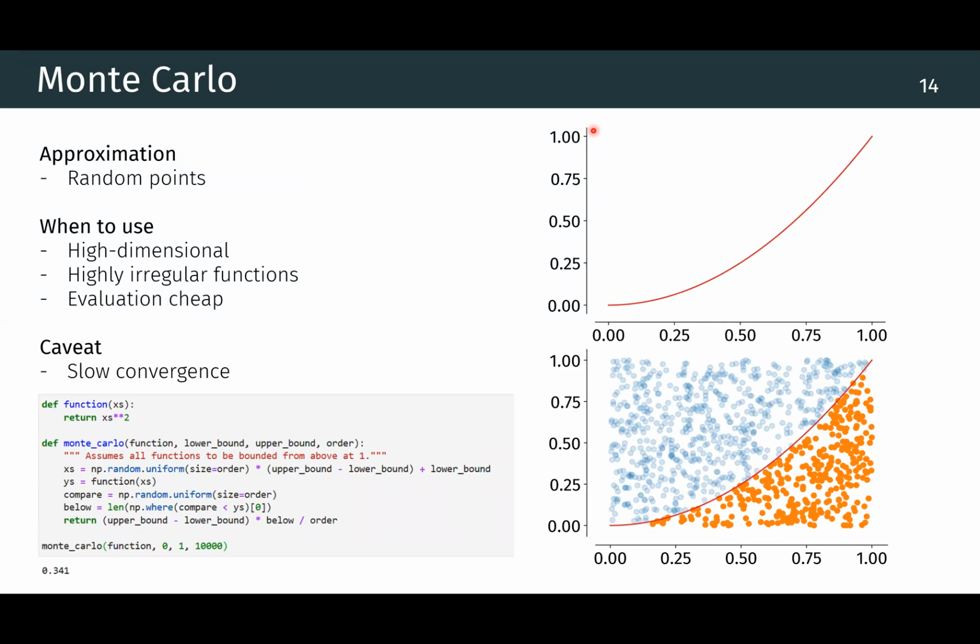If I generate 2 uniformly random numbers, one number between 0 and 1 gives my x coordinate, another number between 0 and 1 gives my y coordinate, so this gives 1 point. Now I can calculate the function at this point, and I can compare whether I am above, so not part of the integral, or below, so part of the integral. If I do this sufficiently often, then what I get is a ratio between the number of cases where I am below the function and the cases where I'm not.